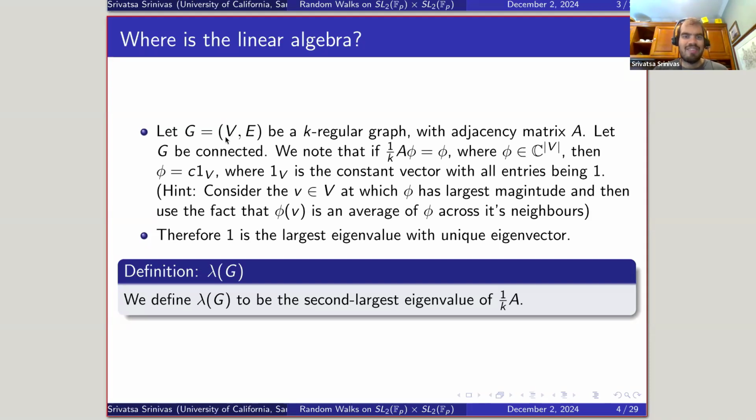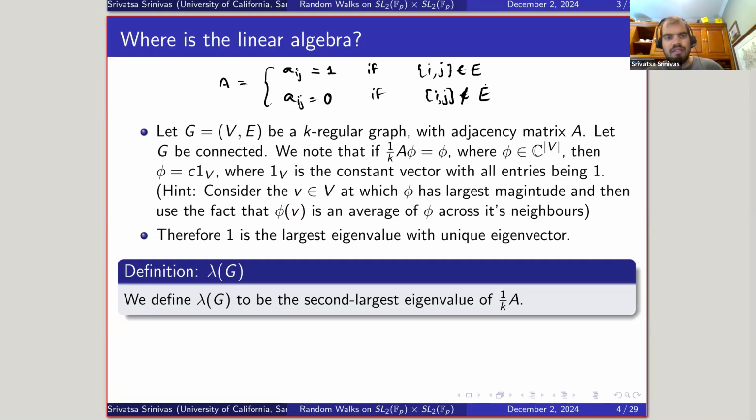But anyways, if you have a k-regular graph with adjacency matrix A, the adjacency matrix of a graph is basically the following matrix: A_ij equals 1 if the edge (i, j) belongs to your edge set, or 0 if the edge (i, j) does not belong to your edge set.